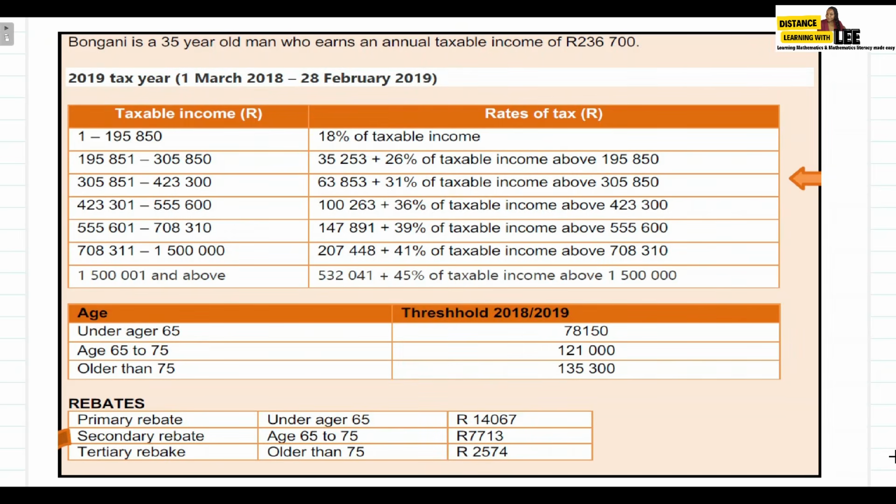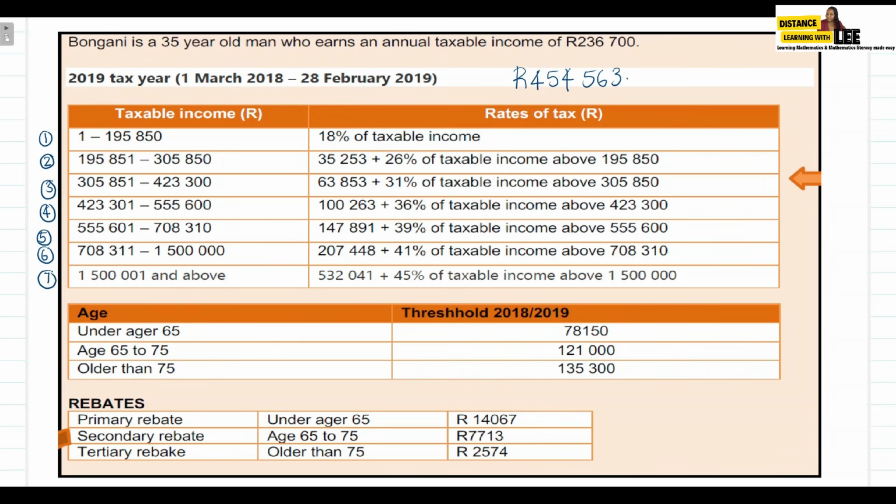If you have a look at this table, we need to determine where 454,563 falls. Where does that amount fall? Okay, so I'm going to call this the first tax bracket, second tax bracket, third tax bracket, fourth tax bracket, fifth tax bracket, sixth tax bracket. This is the seventh.